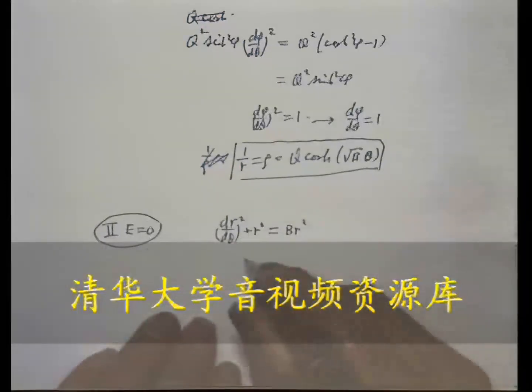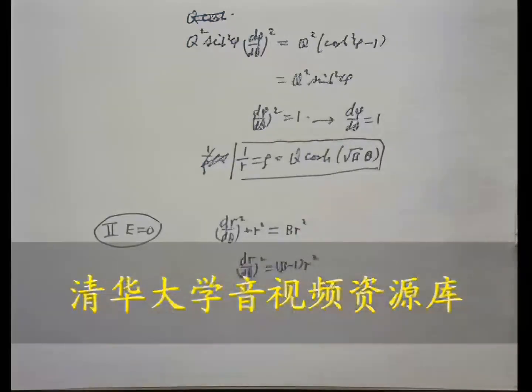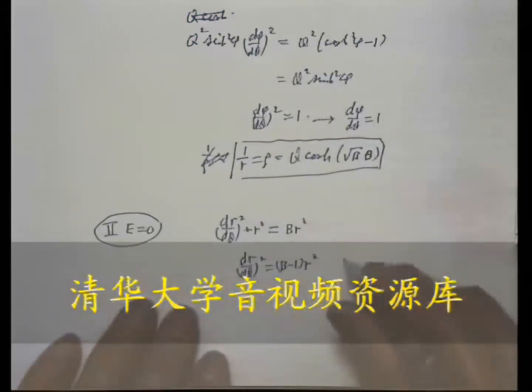So we get (dr/dθ) squared is equal to b minus 1 times r squared. So b has to be greater than 1.